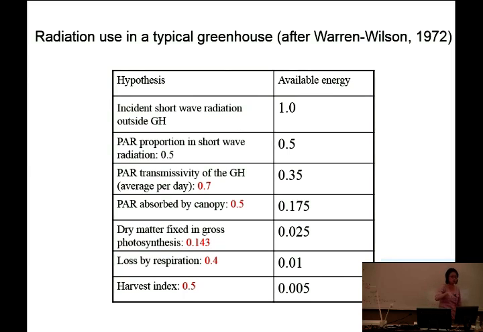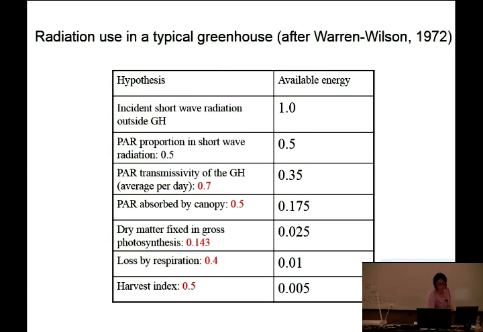And then plant photosynthesis, as you know, is very energy inefficient. Of the absorbed energy, only 10% or so is going to be actually fixed and converted into chemical energy. All right, so that's the gross photosynthesis efficiency, the energy utilization efficiency.